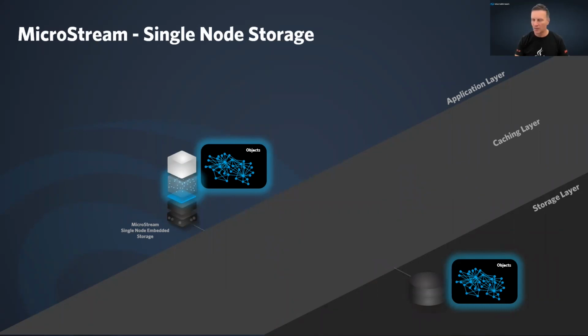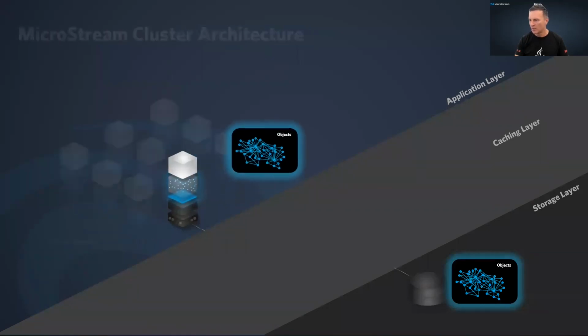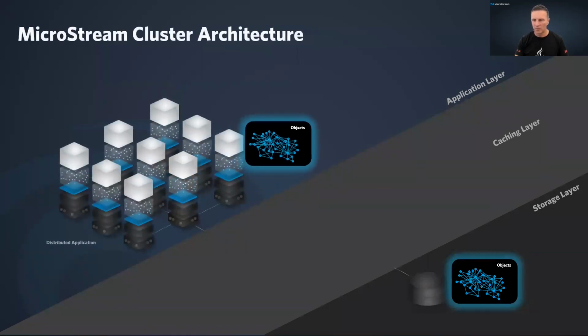But what about distributed applications? This was not possible so far with MicroStream. It was a single node storage, but now it's possible. Now we are able to distribute the object graph, and we can start multiple machines, multiple MicroStream machines, and the data will be replicated between the object graphs. And now we have a distributed object graph.